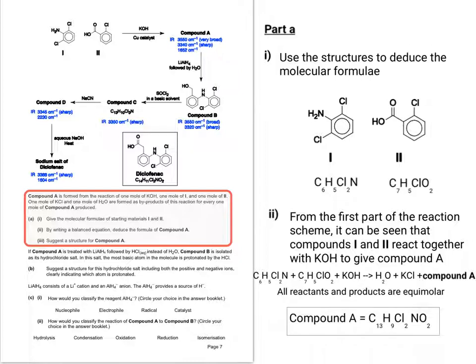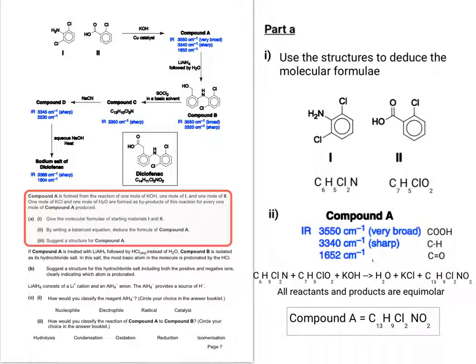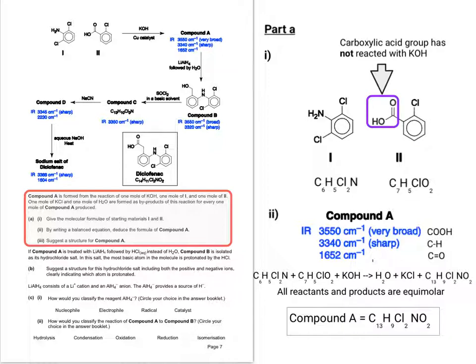So we now have a formula for compound A. From the infrared data for compound A, it also tells us that COOH is still intact. So therefore the carboxylic acid group in compound 2 can't have reacted with KOH.